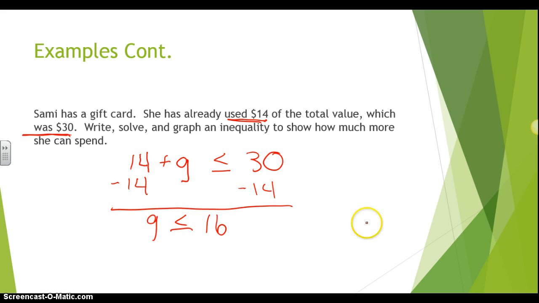So now let's graph this. Since G is less than or equal to 16, I'm going to have a closed circle at 16. G is less than that, so I'm going to shade to the left. And that is my answer.